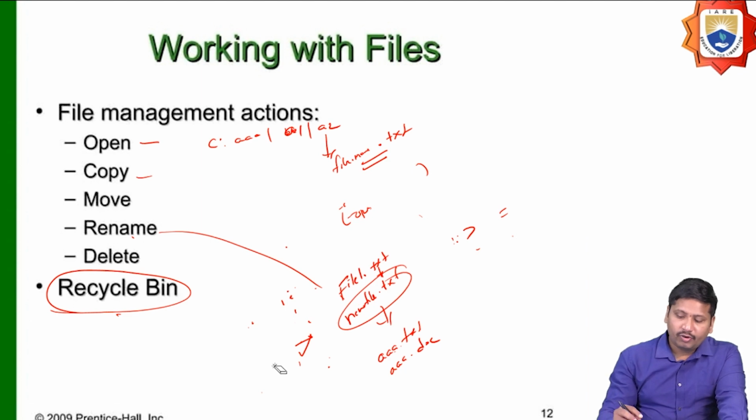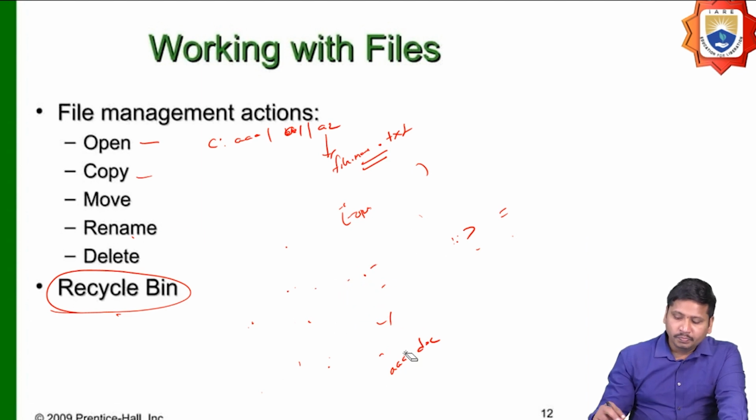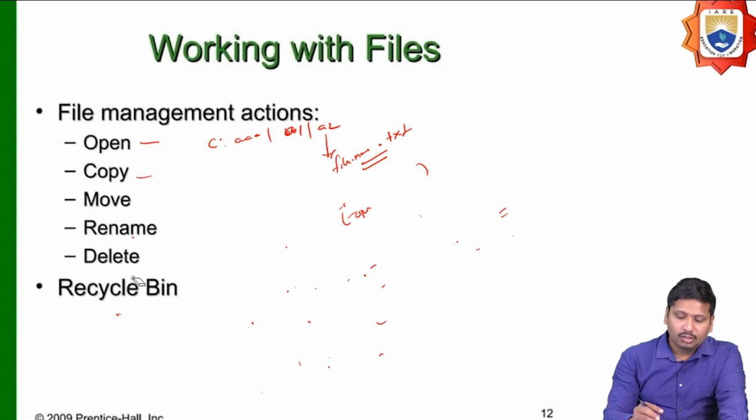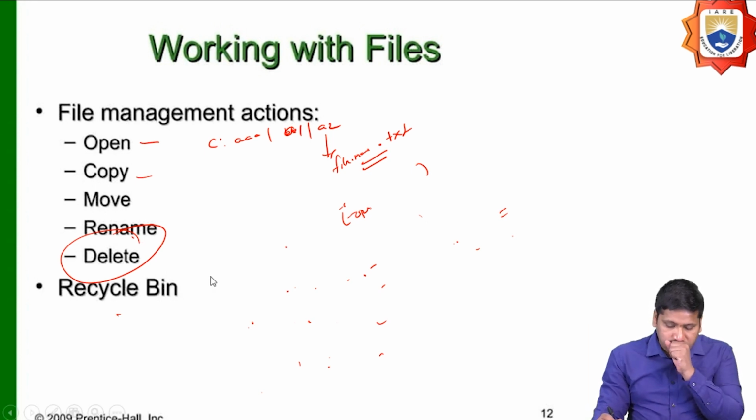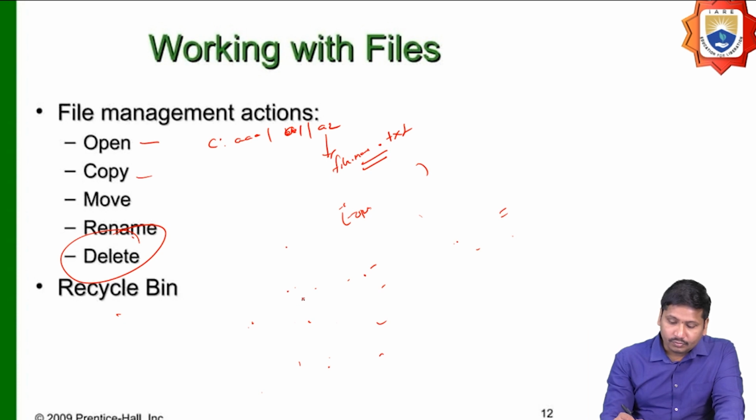And suppose I want to delete the file. The next operation we have here is delete. So delete is the option. We can delete this file which is available in OneDrive.